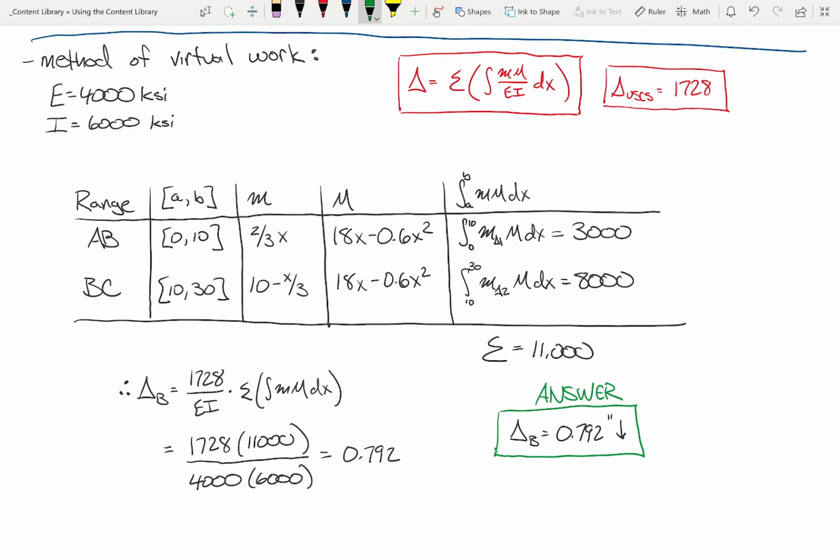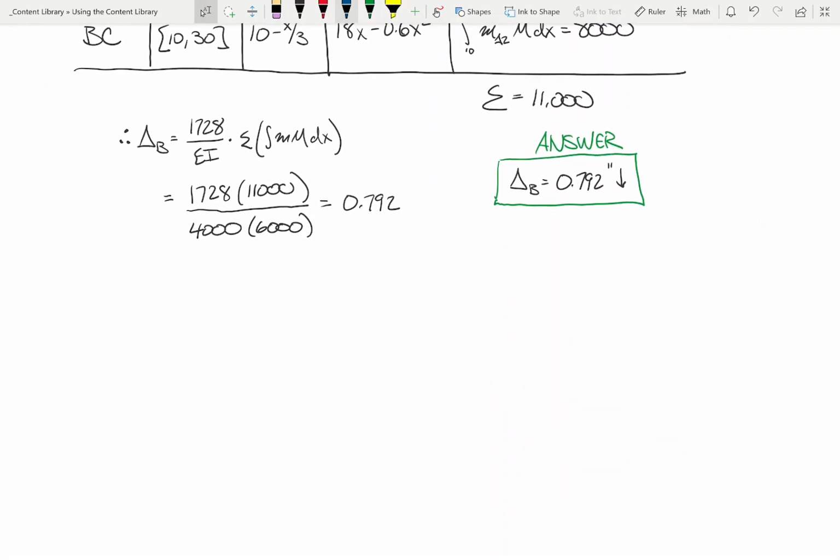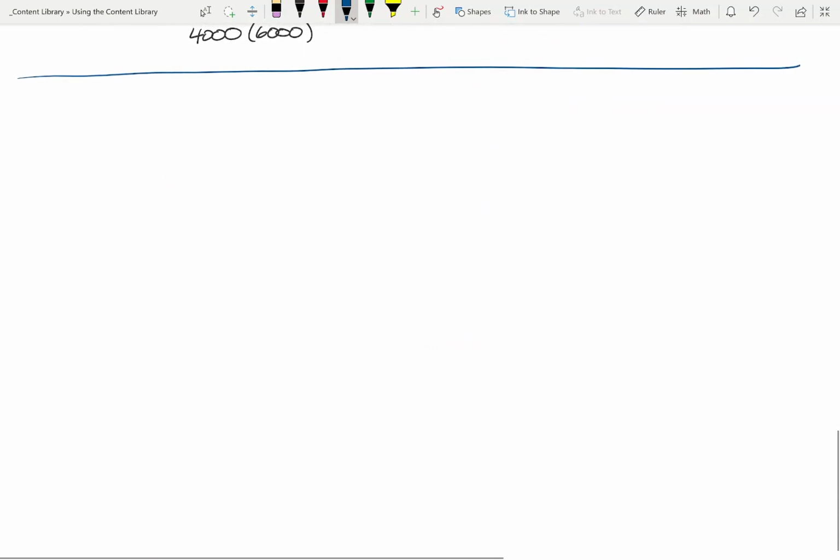So if that makes sense, can I go ahead and try and knock out the rotation at B? So we're going to have a rotation at B. Okay.